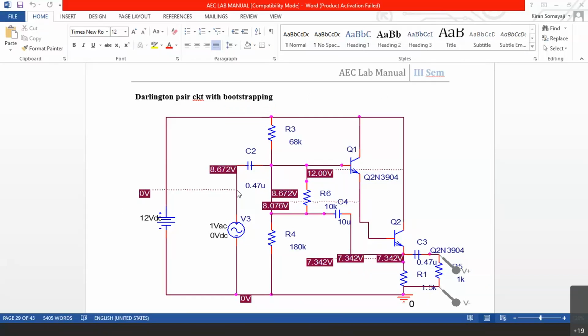Now you can see there is the regular Darlington transistor. There is a small mistake here that I will tell you later. You have the regular Darlington transistor with this resistance and this resistance. The mistake is there is no dot here. There is a direct connection. Let me write it directly with a different color.